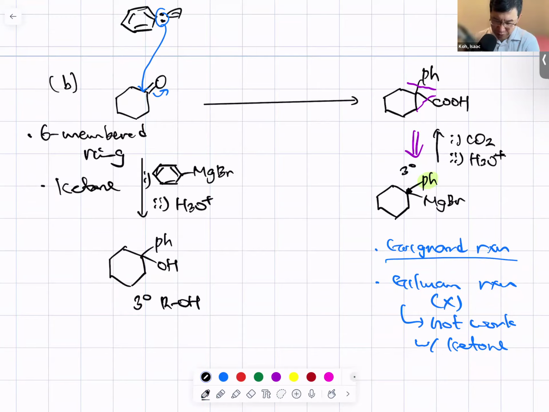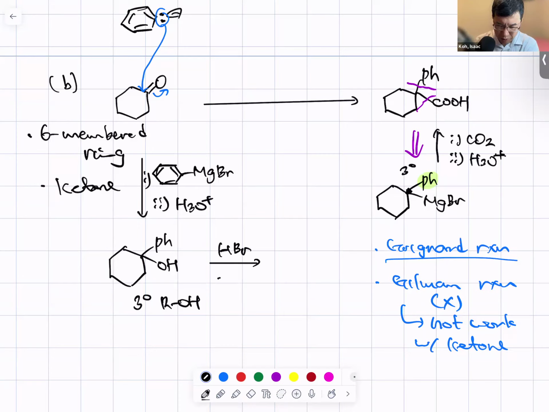How can we turn this tertiary alcohol into Grignard reagent? First, let's use acidic condition. So tertiary alcohol, let's use acidic condition and then bromide. So let's use strong acid, hydrobromic acid.